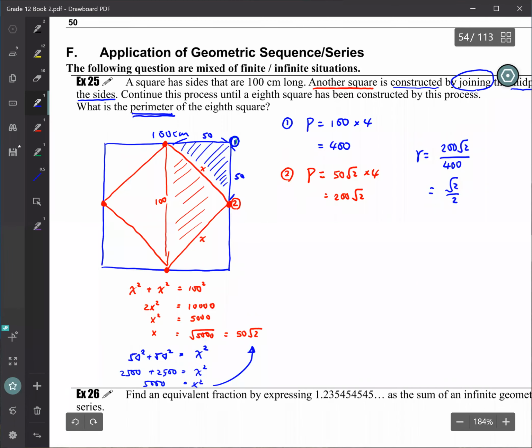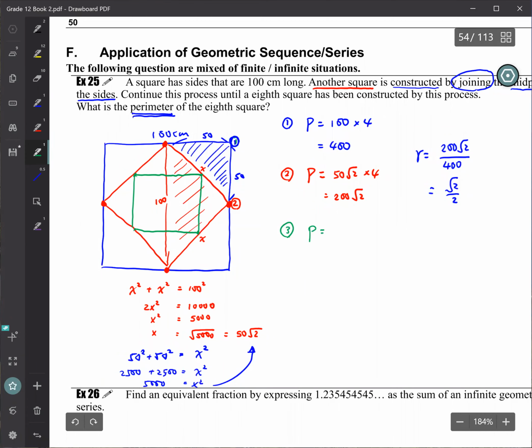Okay. So if you know this, because we assume this one is geometric, then we could probably figure out the next one. Okay. So the green one, the perimeter, right?